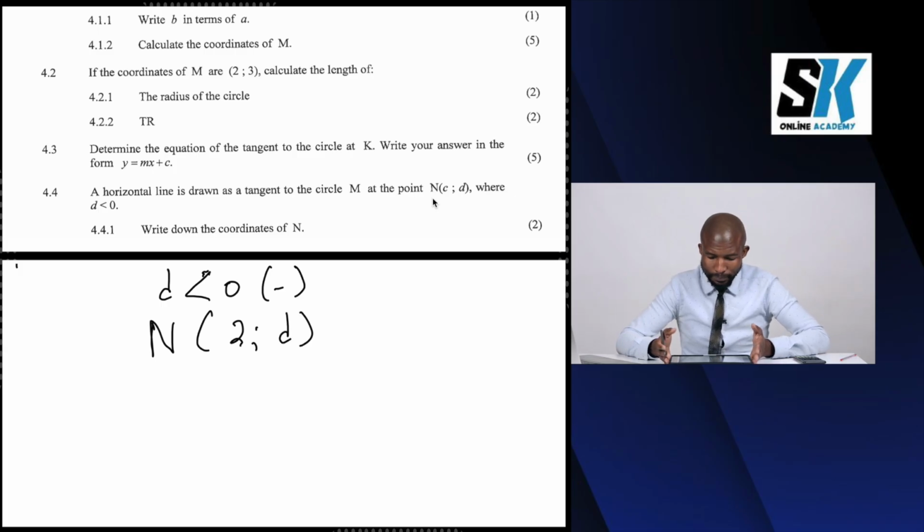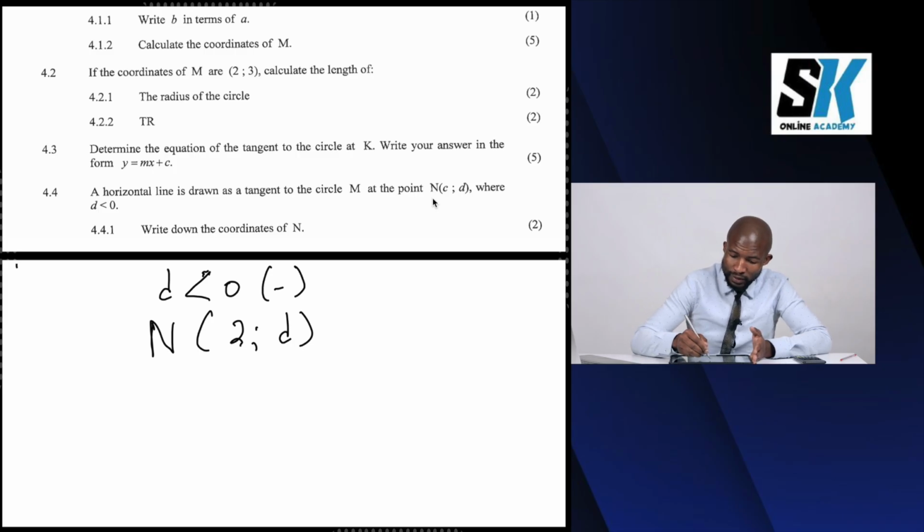Since N belongs to this circle that we are talking about, we're just going to substitute the x value of N to get the D value of this N coordinate.